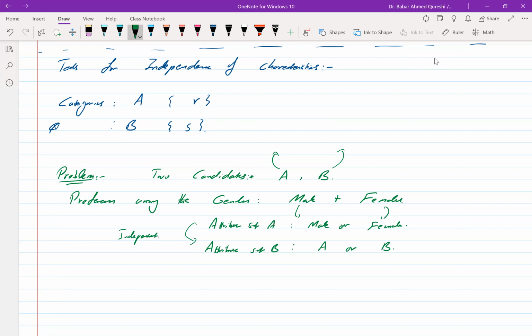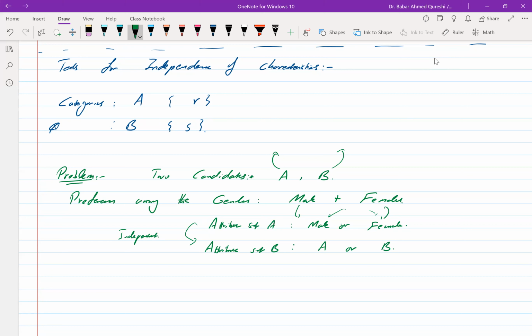That means we want to see if there is a preference among the females for a certain candidate A or B. We are not saying there's an overall preference for candidate A or candidate B. We want to see, is there a skewness in favor of candidate A or B when we categorize the data in terms of males and female.